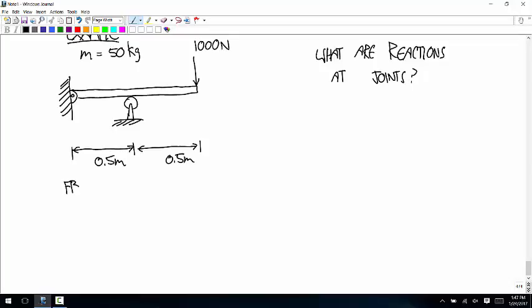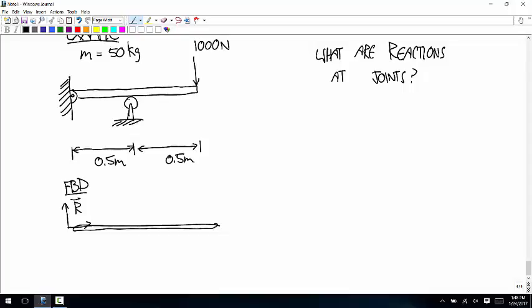So I'll do a free body diagram of the bar. What kind of force is applied by the pin joint? That's one of those ones where we don't know the direction of the force, so I'll just write that as R. It's an unknown force vector.